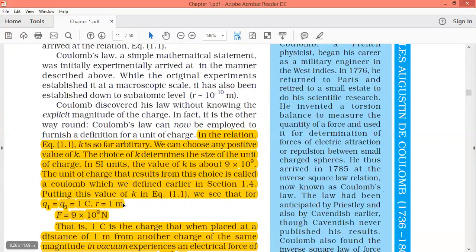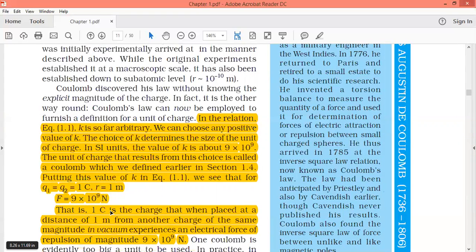Okay. So in the equation 1.1, that is F is equal to k into q1 q2 divided by r square, if you take q1 is equal to q2 is equal to 1 coulomb, r is equal to 1 meter, what is the force we got? It is 9 into 10 power 9 newtons. Okay, so what is 1 coulomb? 1 coulomb is the charge that when placed at a distance of 1 meter. Okay, so we are having two charges.